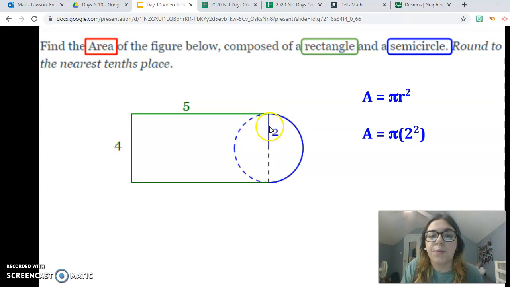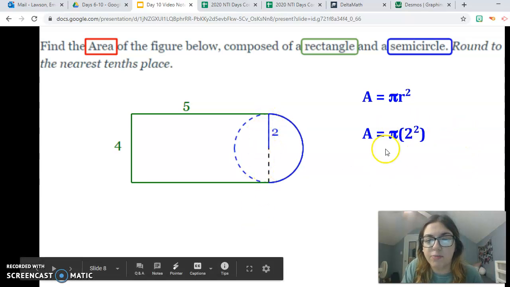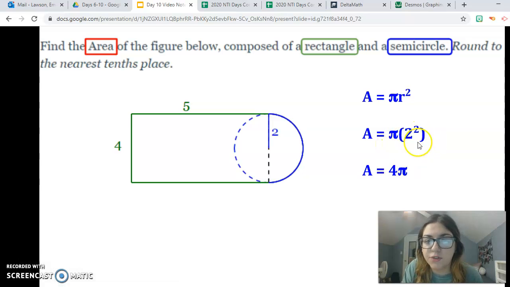So my radius is 2, and I've plugged it in. Well, 2 squared is 4, so 4 pi is the area of that entire thing. Right now I'm leaving it with a pi. I'm not going to type in what pi is. We know pi is 3.14, but I'm not going to use that yet.